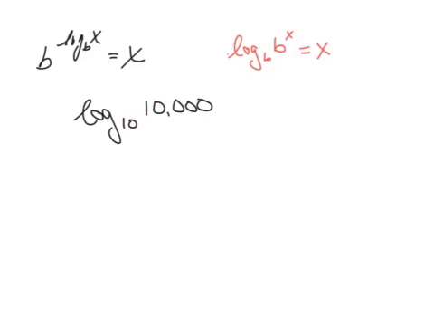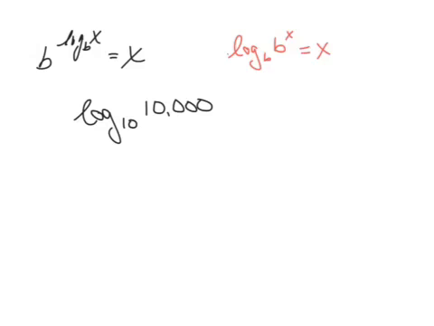So we write 10,000 as 10 to the 4th power. Now they're the same. They go away with the log, and we get 4 for an answer. So we're trying to look ahead and make some changes so that it makes it easier to solve these.